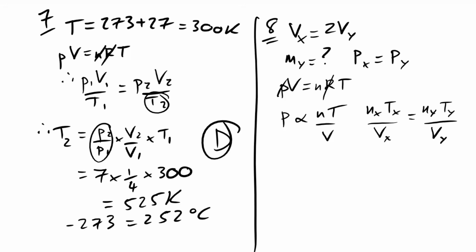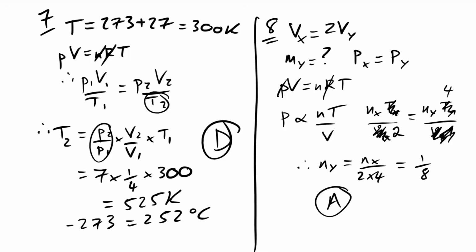We know that the volume for X is twice as big as Y, so we can say 2 and 1, so that just disappears there. We can say that the temperature of Y is 4 times greater, so we can just replace that with a 4. So therefore, just rearranging this, we end up with the number of moles in Y being equal to the number of moles in X divided by 2 times 4. So it should be 8 times less, so the answer is A. Of course, the number of moles is going to be proportional to the mass. That's what they're really asking.